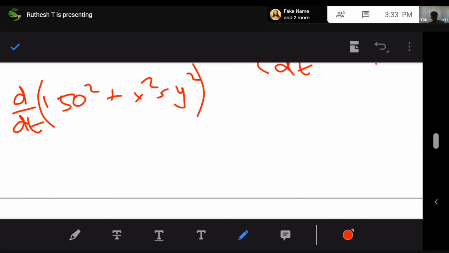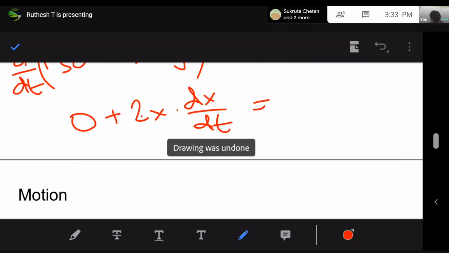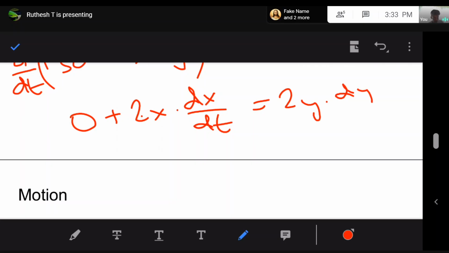So we end up with 0 plus 2x times dx dt, because this is once again implicit differentiation, where what you're differentiating with respect to and the actual terms in the equation are not the same. And then this is equal to 2y times dy dt.